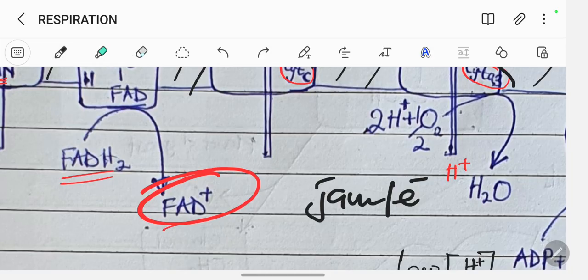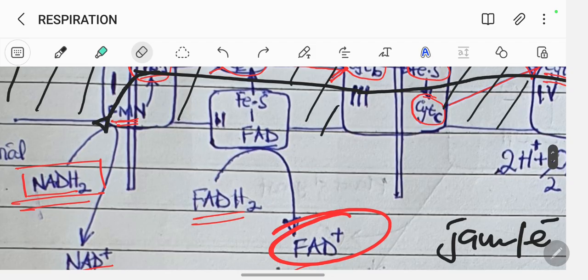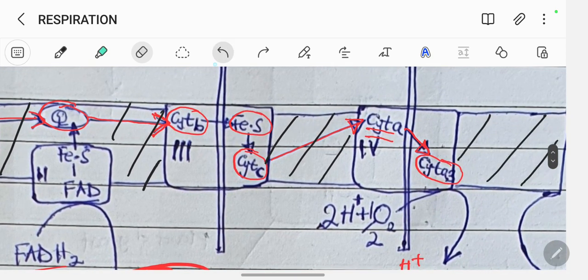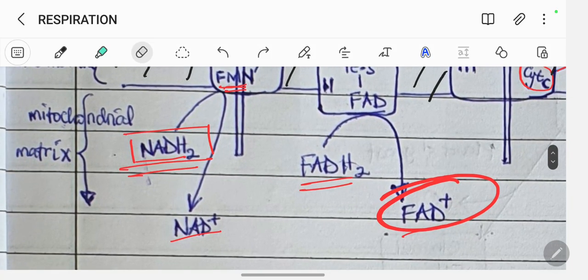Now as the system gets jammed up like that, let me remove this. So NAD will no longer submit those electrons. Why?